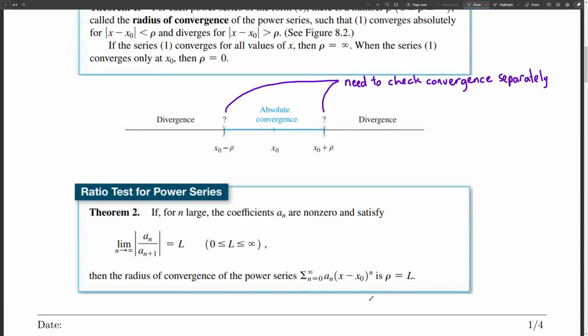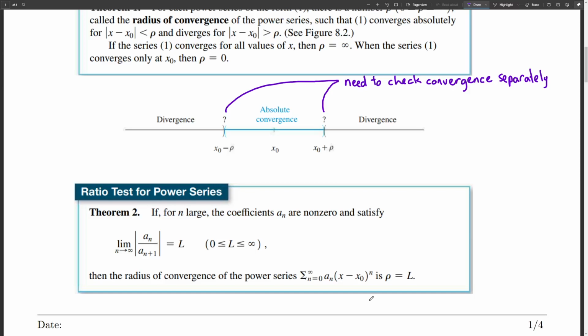Now, the most common way for testing the radius of convergence is by looking at the limit of consecutive coefficients in the power series.